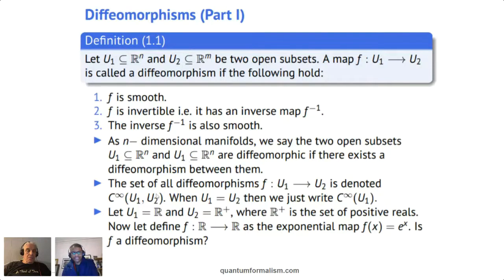The set of all diffeomorphisms from U1 to U2 is denoted like this. And if they are equal, you are considering only a map from U1 to U1, from one open region to itself, then we write C^infinity(U). The exercise here is whether this map here is a diffeomorphism. Just a quick challenge. Sorry for the typo.